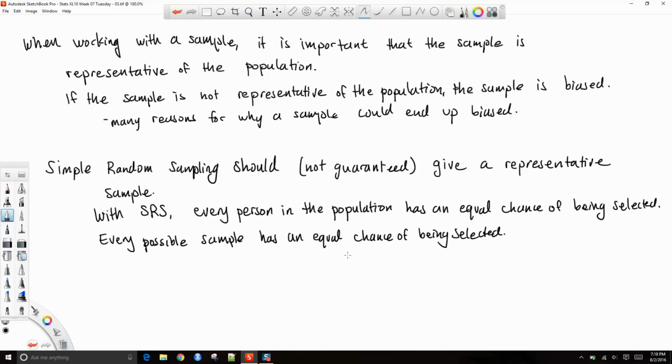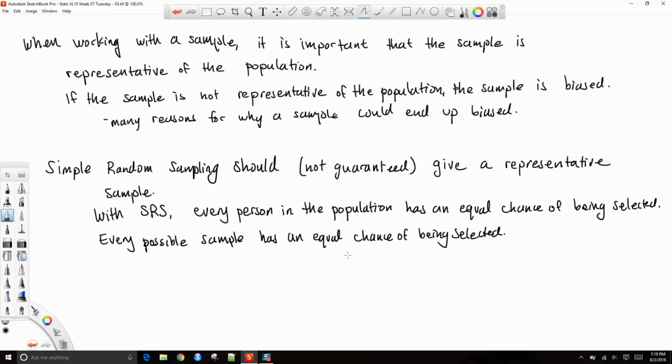So because it's random, it is possible for the sample to end up being not representative, okay? Just because it's random, maybe you accidentally select too many of one group or not enough of another group of people. That is possible. When they pick numbers for the lotto, they use a simple random method.